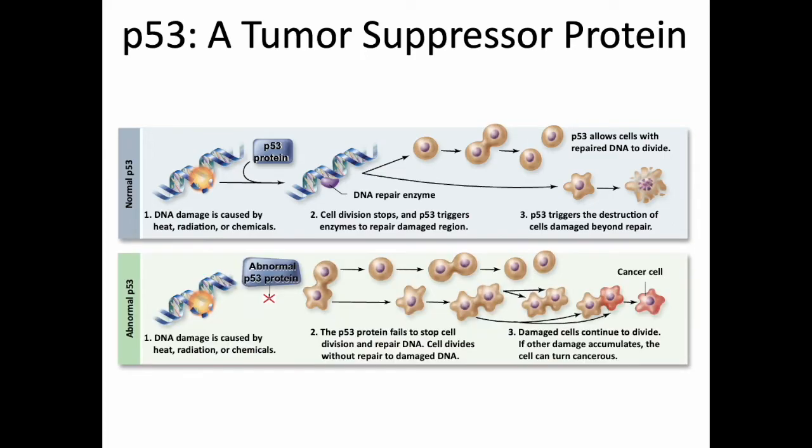So if P53's gene becomes mutated, and this can happen, that means every single P53 protein that you build using those damaged instructions is not going to work properly. It's not going to be able to bring in DNA repair enzymes. It's not going to be able to trigger apoptosis as needed.